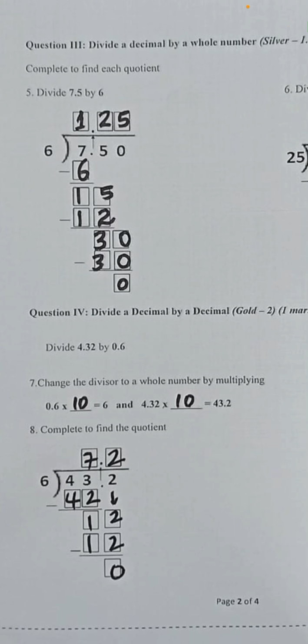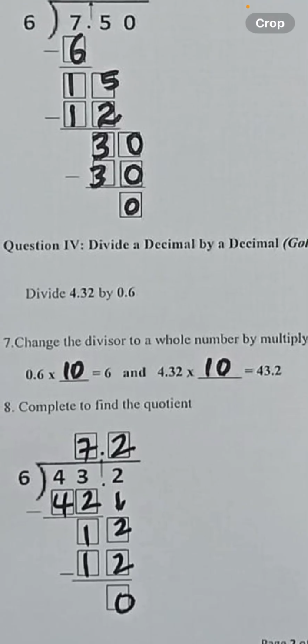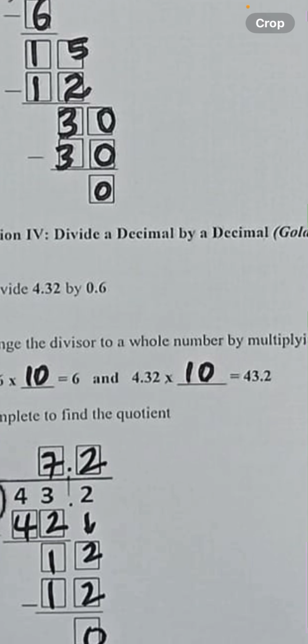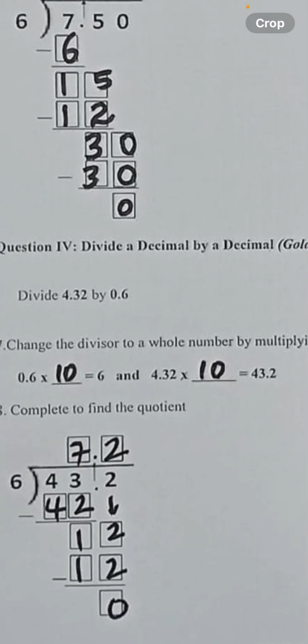Here I give you the steps. Change the divisor to a whole number by multiplying by 10. So this is the step. We multiply by 10, but we don't actually multiply, we just move the point to the right. When we multiply 0.6 by 10, it becomes 6. Now the most important thing, the divisor became a whole number, and 4.32 multiply 10 becomes 43.2.